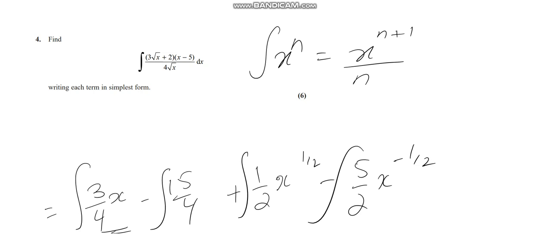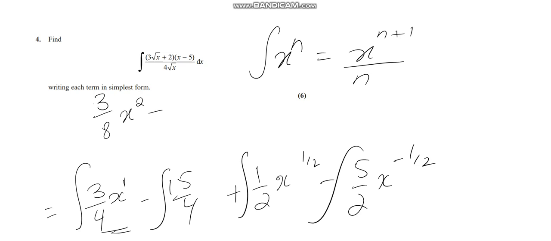So let's get back to integrating. Integrating 3 upon 4 x: there's a power of 1 here already, so 1 plus 1 becomes 2, and this 3 upon 4 will be divided by 2, so that becomes 3 upon 8 x squared.